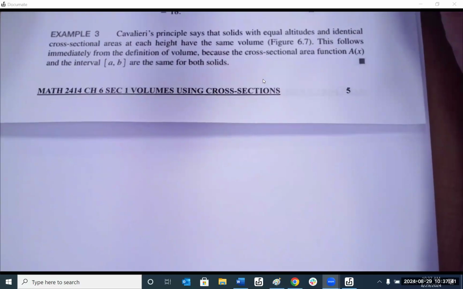This follows immediately from the definition of the volume because the cross-sectional area function A of x and the interval A to B is the same for both solids. And the Cavalieri principle says that solids with equal altitudes and identical cross-sections at each height have the same volume.